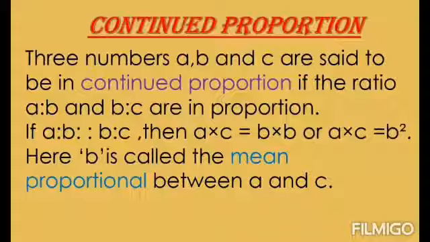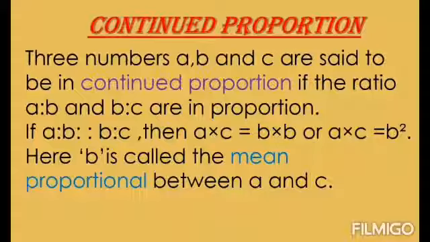Next topic is continued proportion. Three numbers A, B and C are said to be in continued proportion if the ratios A is to B and B is to C are in proportion.